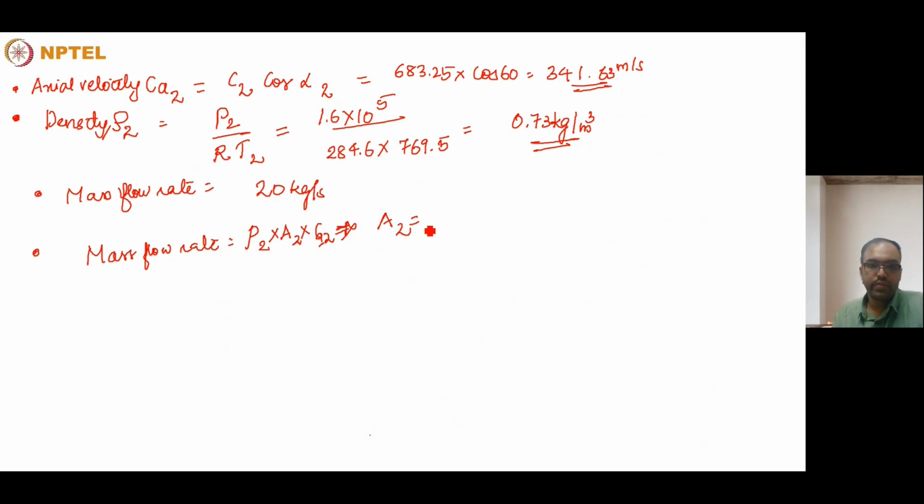From this we can calculate A2 is equal to 20 divided by (0.73 multiplied by 341.63), that is equal to 0.08 meter squared.